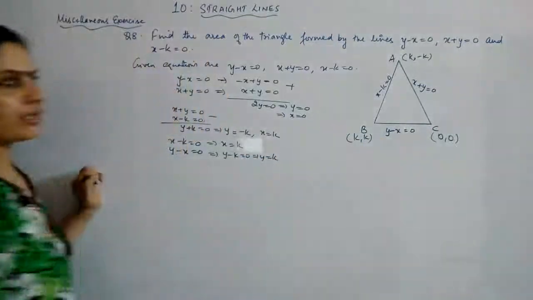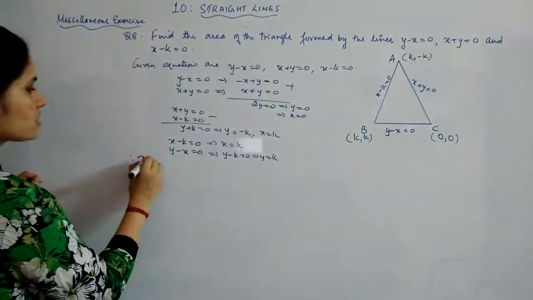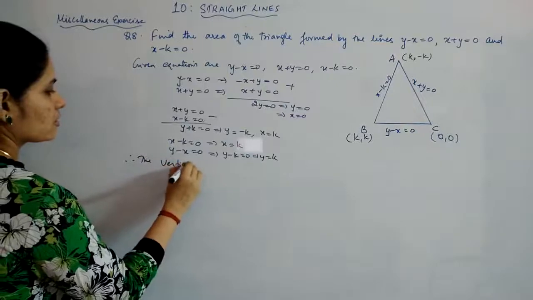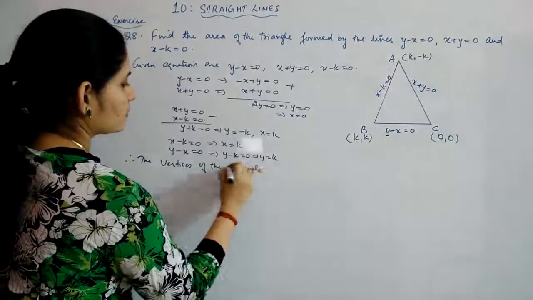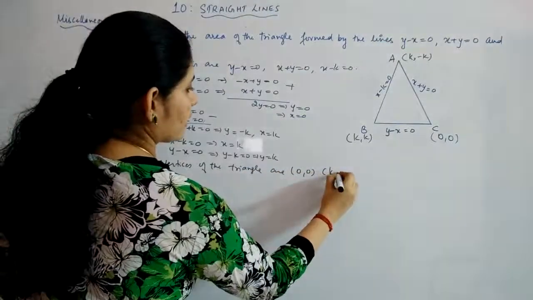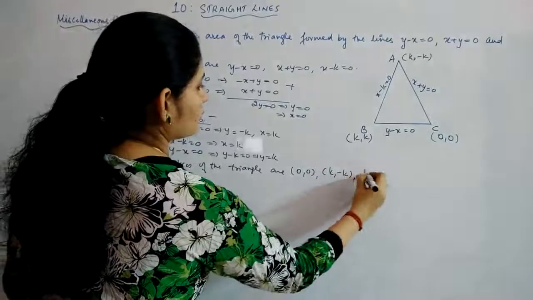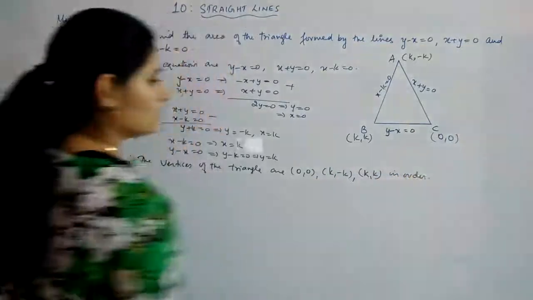So all the 3 vertices of the triangle you got. Therefore, the vertices of the triangle are 0, 0; k, minus k; k, k, in order, I have taken, okay, in order.